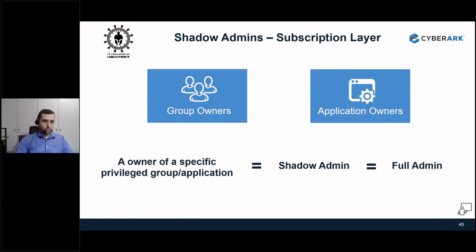The users who own a privileged group or application are shadow admins. Because, for example, the owner of an admins group is an admin by itself, no matter if it is currently a member of this admin group or not, because it could at any moment add itself to this group and be a full admin as well. The same goes for application owners.